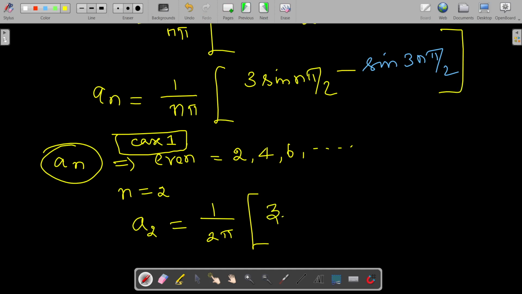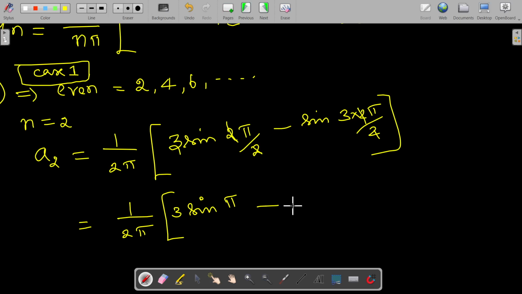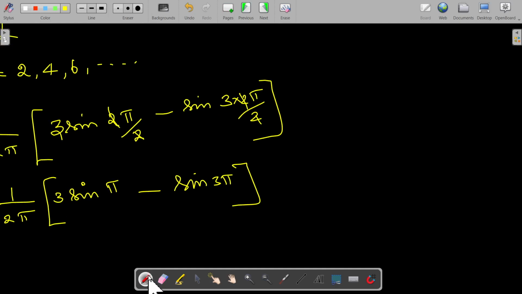So it is 3 times sine of 2π/2 minus sine of 3 into 2π/2. So you can cancel out these things, right? Sine π, this becomes 3π. So it is equal to 1/(2π) times 3 sine π minus sine 3π.